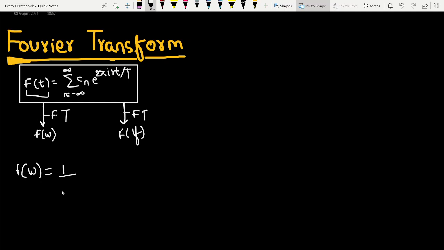It can be written as 1 over root 2 pi, the integration from negative infinity to positive infinity of f of t, which is a time dependent function, times e to the power i omega t, with respect to dt. This is basically the method for transforming our time dependent Fourier series into a series which is now dependent upon the frequency, not on the time. So this is a typical formula.